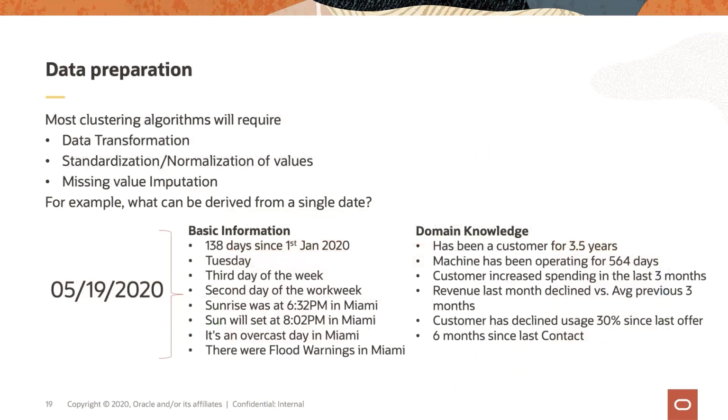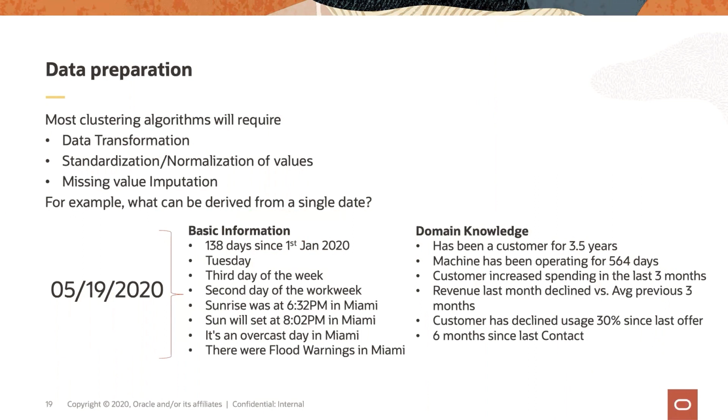So for data preparation, most clustering algorithms will require some transformation, standardization, normalization, missing value imputation. Some of them require that. This is, again, to illustrate that it's important to keep in mind that a simple date might actually mean a lot of different things, right?